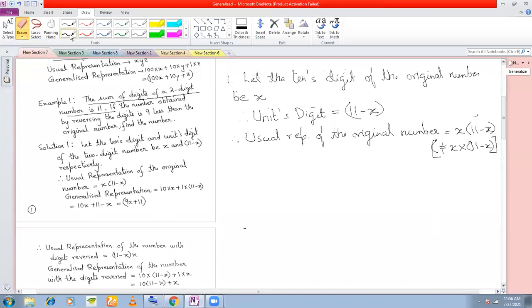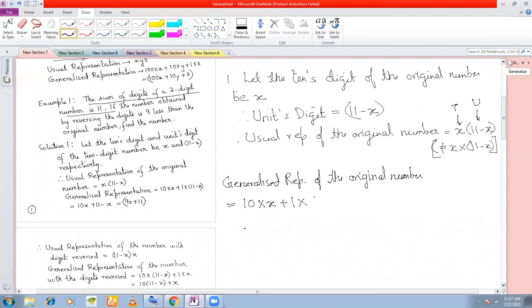Now what we do is we write the generalized representation of the original number. See, x here is the tens digit, and this here is the units digit. So what should be the generalized representation? 10 into the tens digit plus 1 into the units digit.